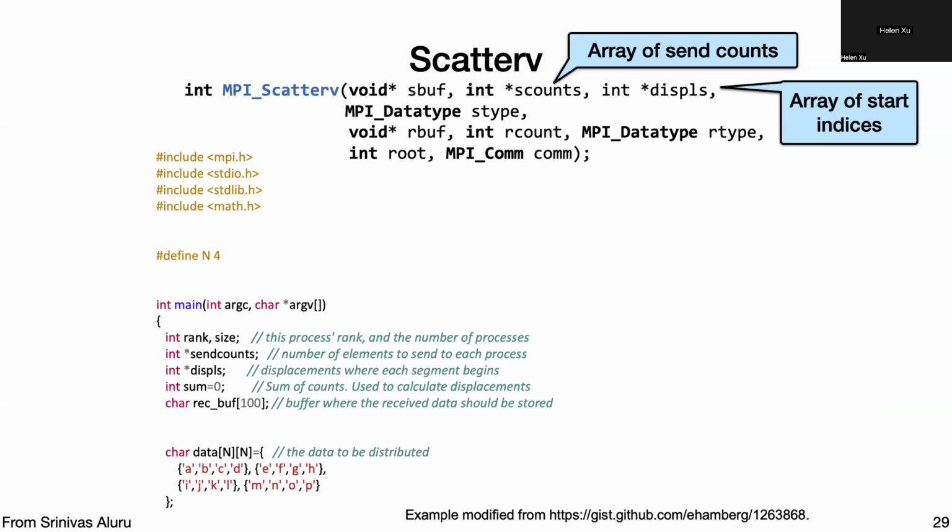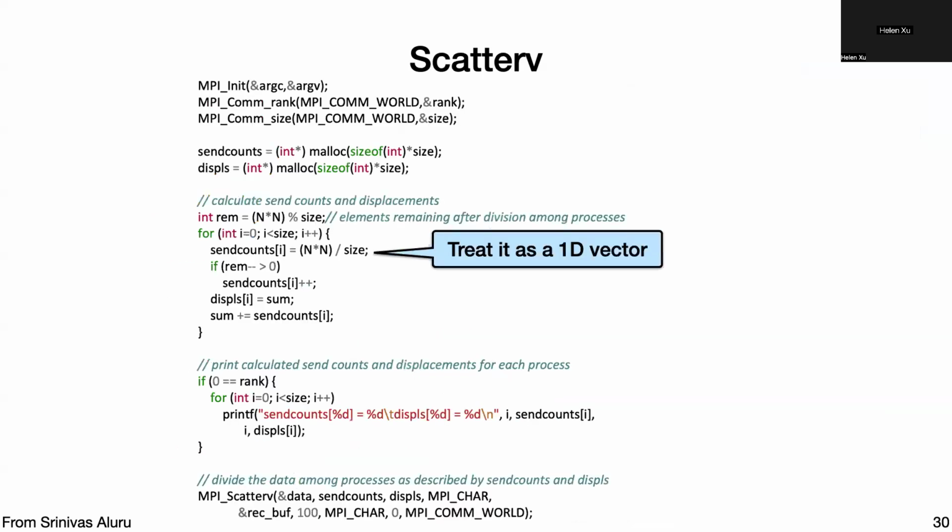So this is just some example code. You have a vector of send counts, you have a vector of displacements, and here we just have a 2D vector of characters. And we have four processes. And we make the matrix of characters into a 1D thing that's n times n.